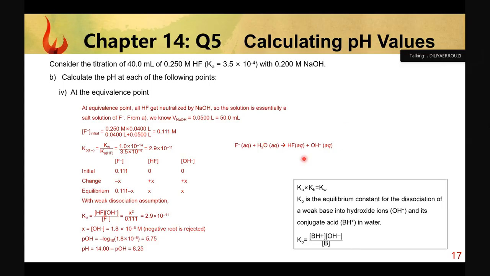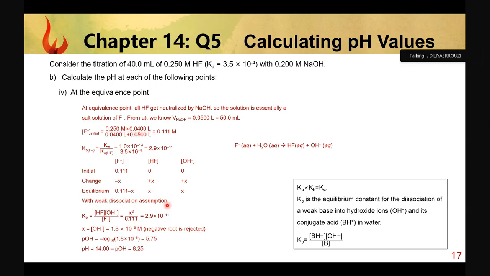So based on this equation, we know the fluoride ion concentration we just calculated, and there was no hydrogen fluoride left. So we use this, minus x, plus x, plus x. So we can get the equation for Kb, which is hydrogen fluoride multiplied by hydroxide ion divided by the fluoride ion.